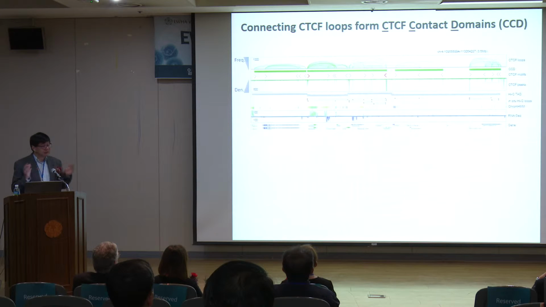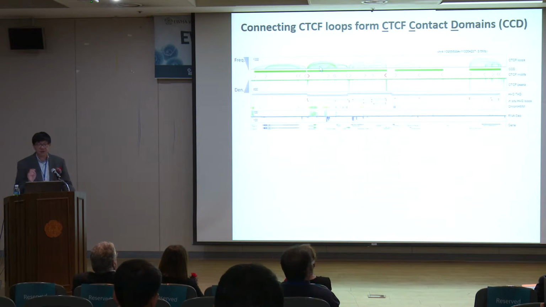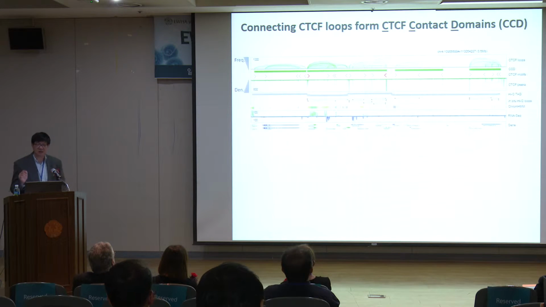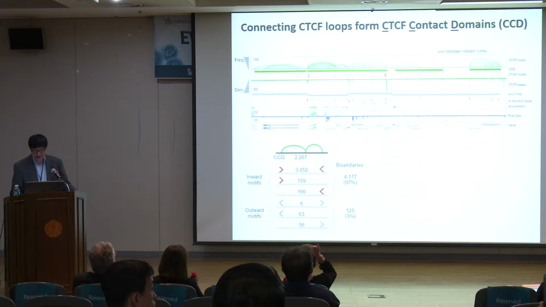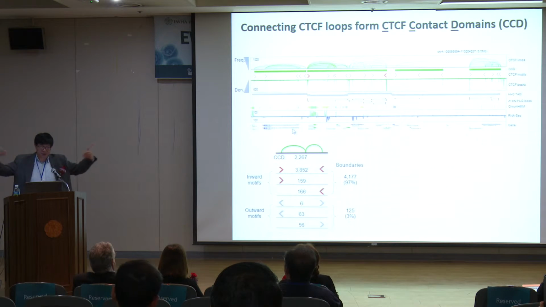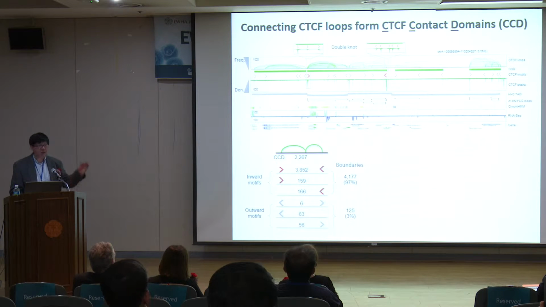Based on the CTCF-defined structures, and on the connectivity and the strengths, we can further characterize the so-called CTCF-mediated chromatin contact domains. In short, we call them CCD structures. Again, most of the boundary CTCF motifs are pointing inward. We also see that usually the boundary of the CCD structures has multiple binding sites facing toward each other.